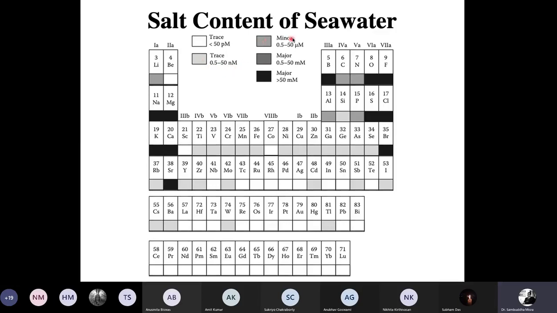Then the darker colors give you minor, major, and really major components. The really major components are sodium, magnesium, potassium, calcium, strontium, boron, oxygen. Obviously, water is a big part of it, not dissolved oxygen, but water in the form of H2O, sulfur, chlorine, and bromine. Okay, I'm going to stop here and take some questions, if you have any.